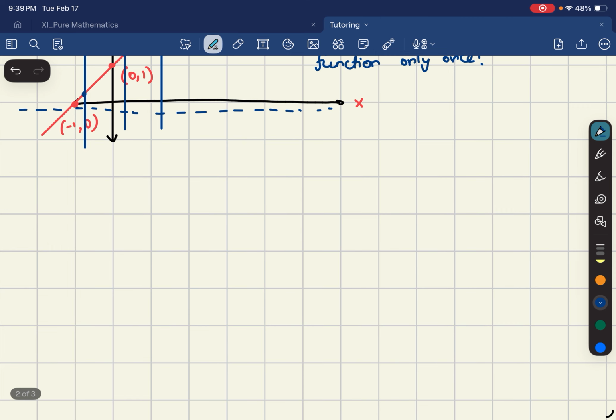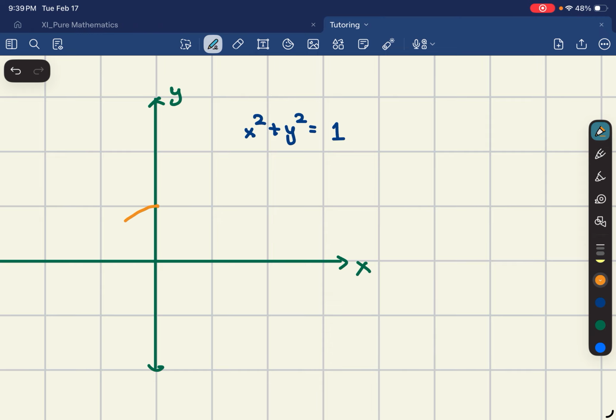Now let me give you an example of something that is not a function. So let's say I have my x and y axes here. So this is y, this is x. And let me try to graph the equation x squared plus y squared equals 1. Now we haven't done this yet, but this is a circle. We will look at it in later chapters. Pardon that my circle looks very bad.